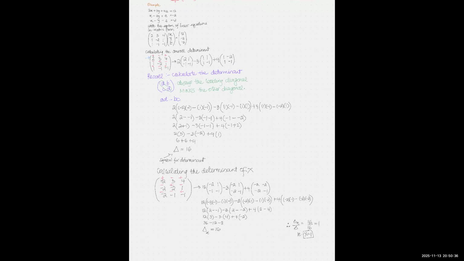You just do the same thing over and over until you calculate your x, your y, and z. Boom, boom, bam, 20 marks, easy. All right, quick and fast. Work on it, please. The determinant of y.